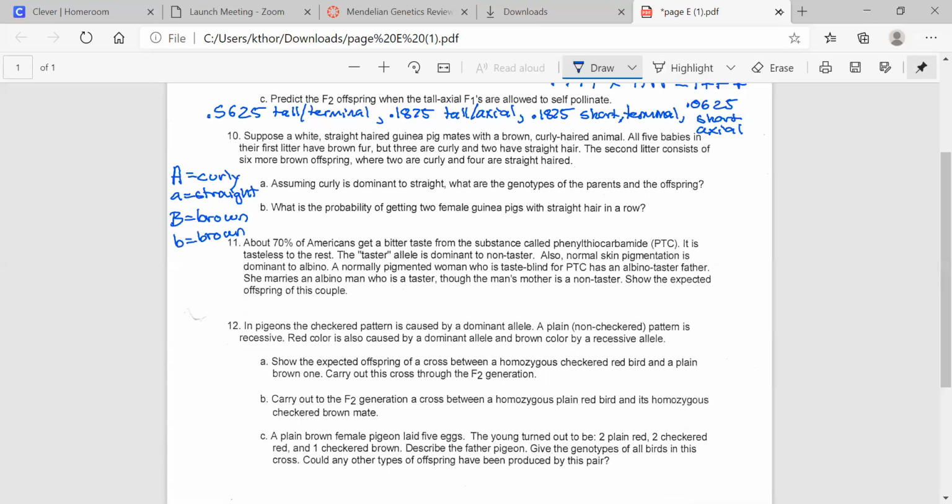Assuming curly is dominant, what are the genotypes of the parents in the offspring? So we have a white, let's read this again, straight-haired. All 5 babies in their first litter have brown fur, but 3 are curly and 2 have straight. Okay, so we know that this parent here, and then we have this one.